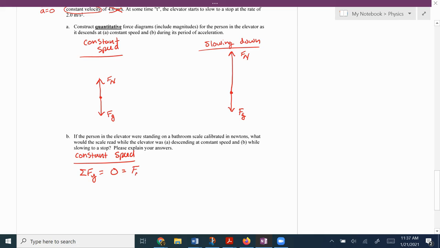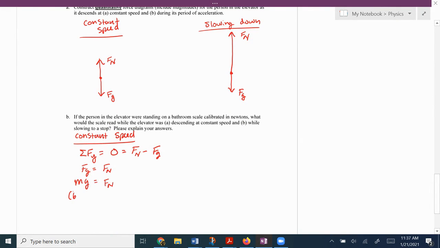That's going to give you the normal force minus the force of gravity equals 0. The mass is 68 kilograms, so the normal force is 68 times 9.8, which gives you 666.4.